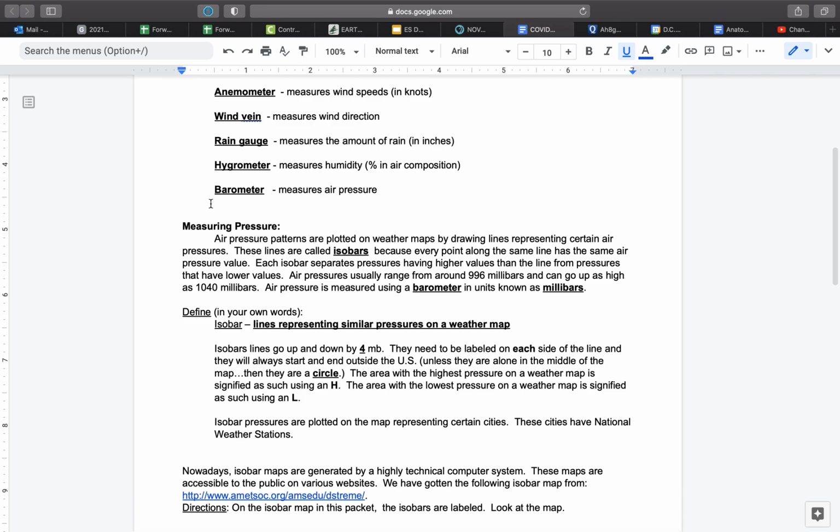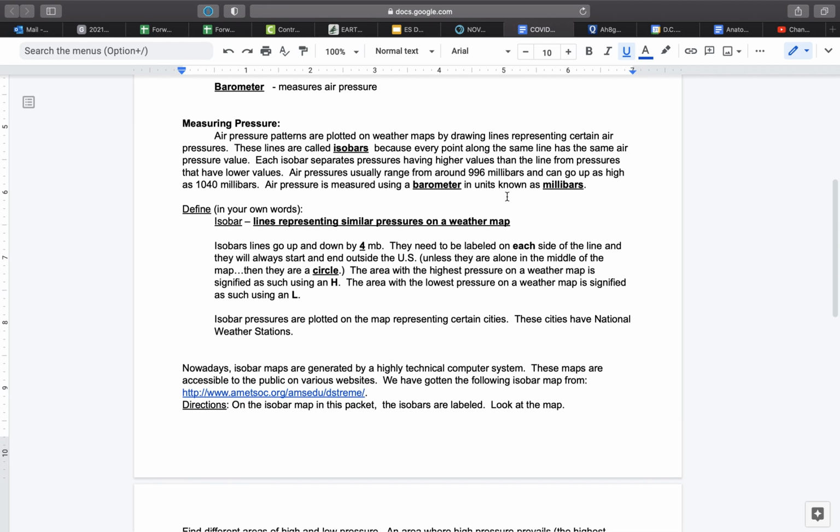That's where the bar from barometer comes in. So isobars are lines on a weather map that separate areas of lower air pressure from areas of higher air pressure.